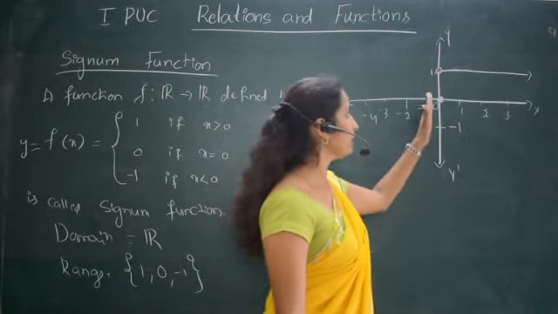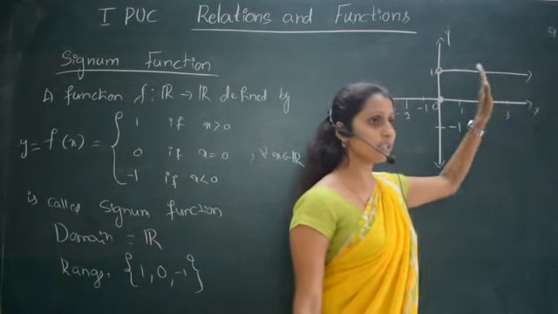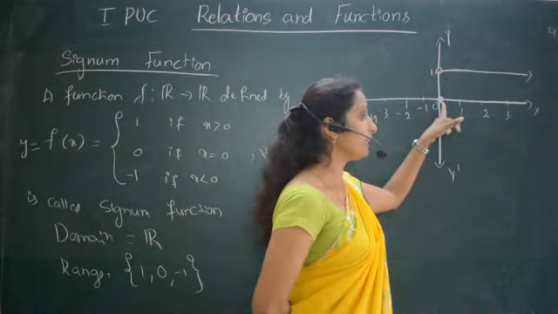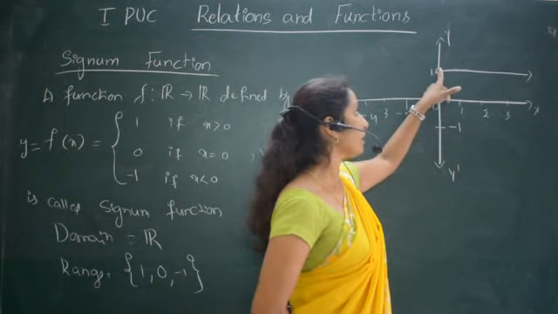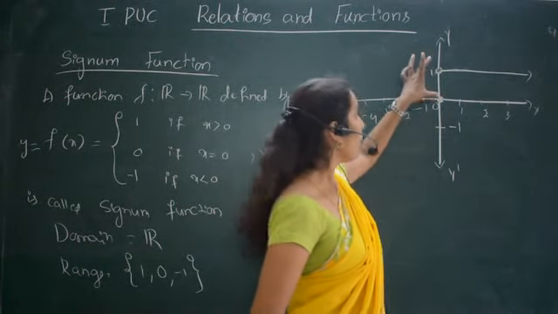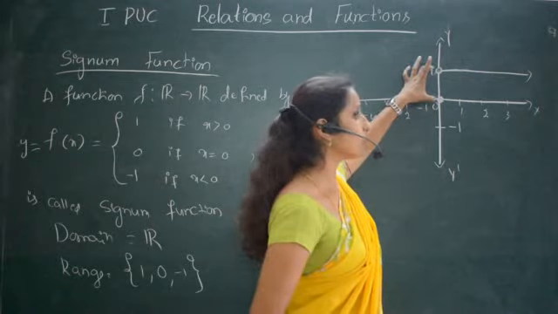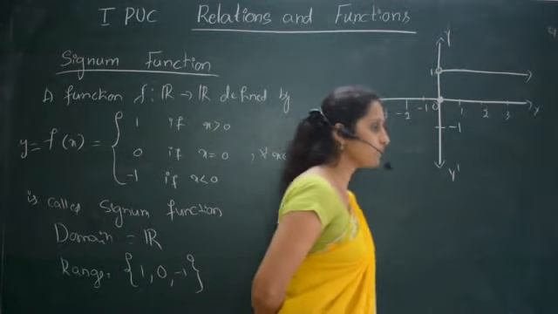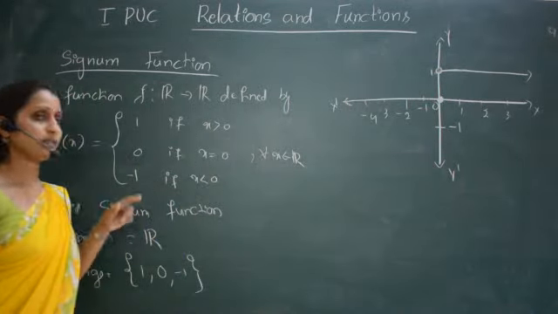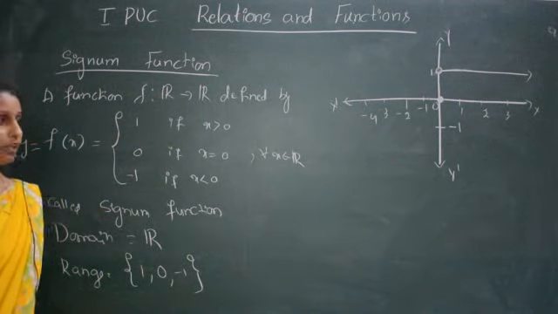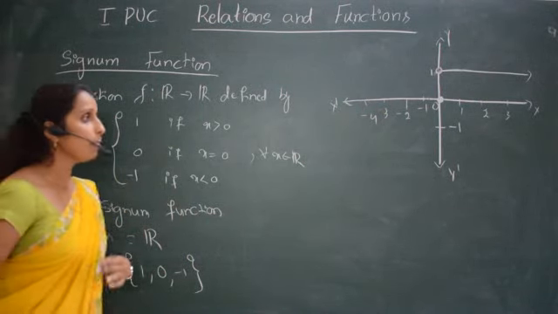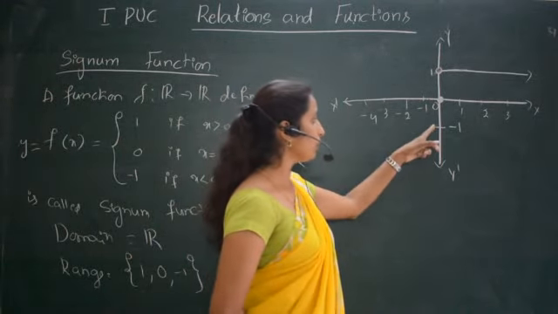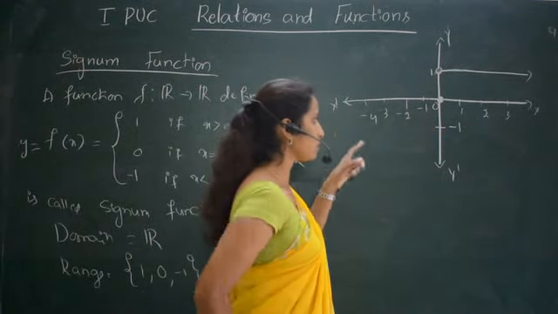So only the values greater than zero are included, but when x is 0, the y value is also 0. That means if I mark this point, the point 0, 1 is not possible. 0, 0 is possible. So that is not included. Now when x is less than 0, it is always minus 1. So whatever the value, y is always minus 1.